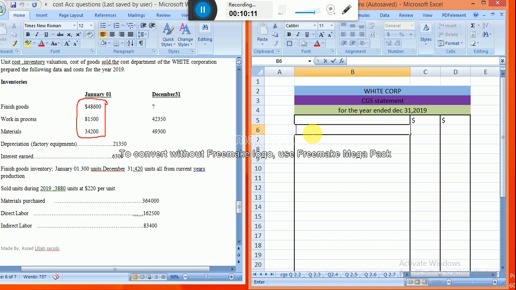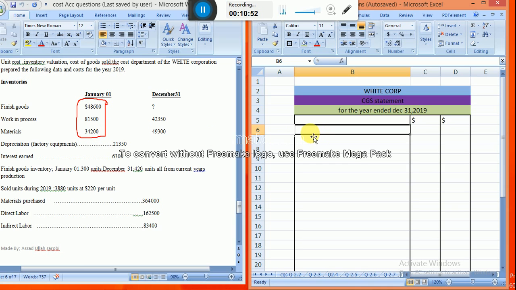So direct materials, beginning materials or opening materials. We will check whether we have some material remaining from 2018 or not. So yes, the 34,200 material is remaining from the previous year 2018.